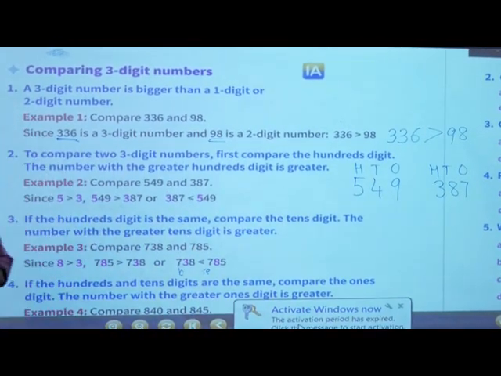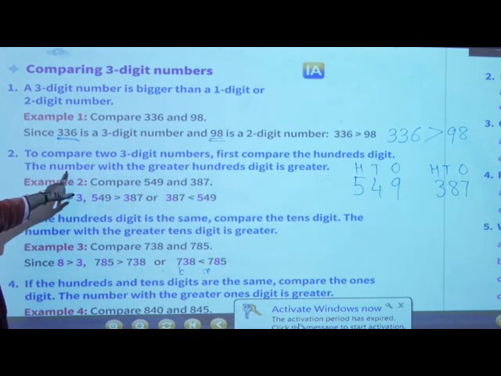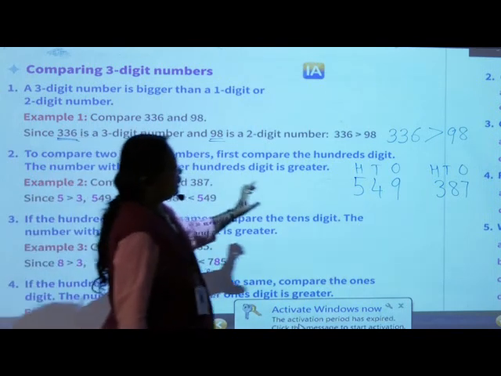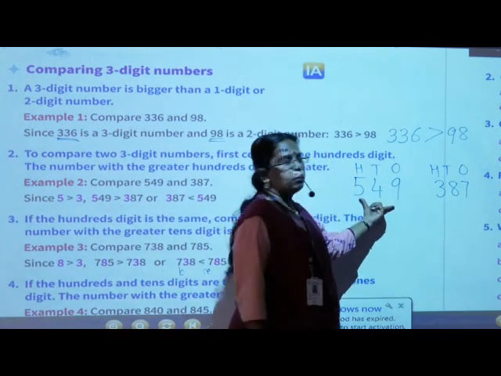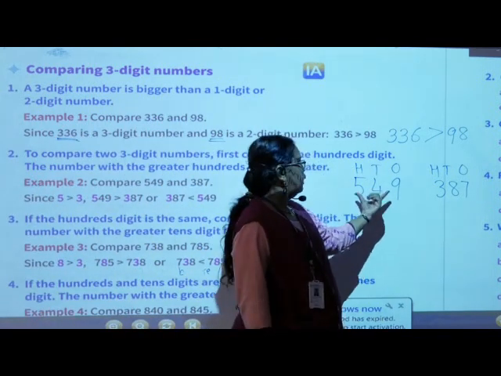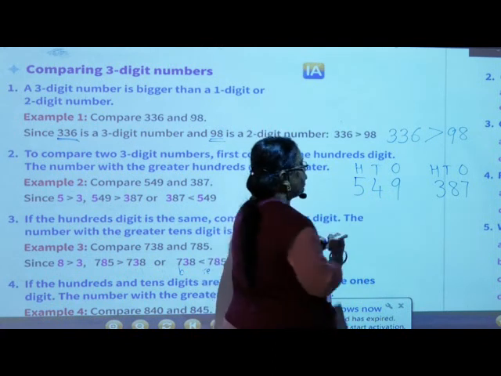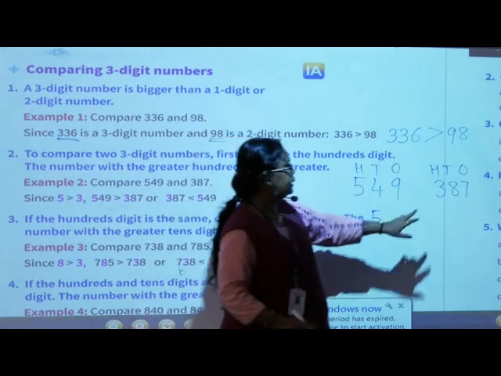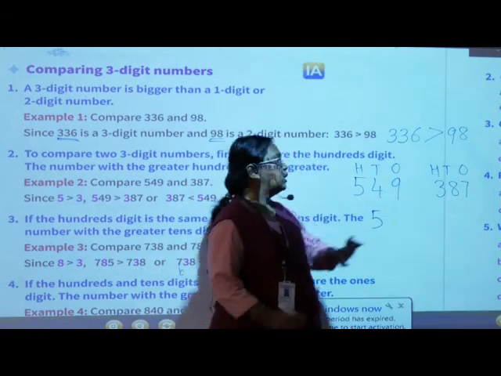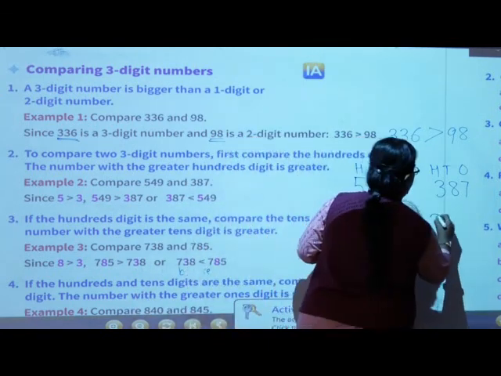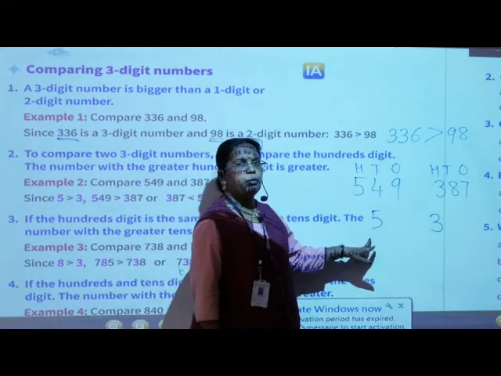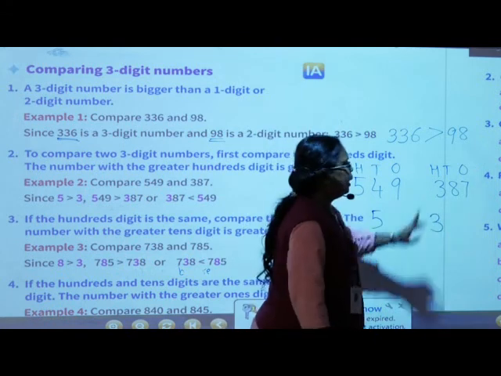Now in this way you can see what they have told, first compare the hundreds digit. In both, which number is in the hundreds place? 5 is in the hundreds place. Then which number is in this hundreds place? 3 is in the hundreds place.